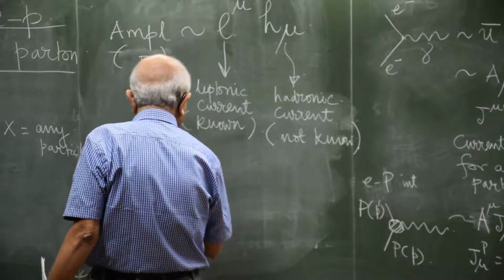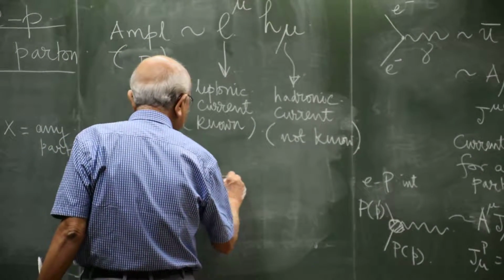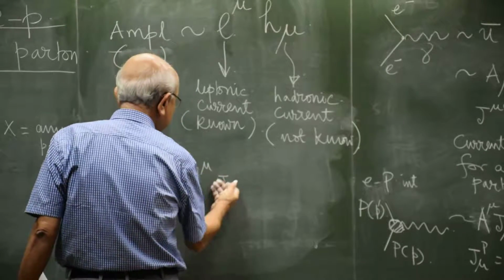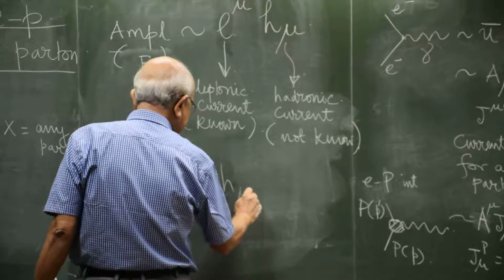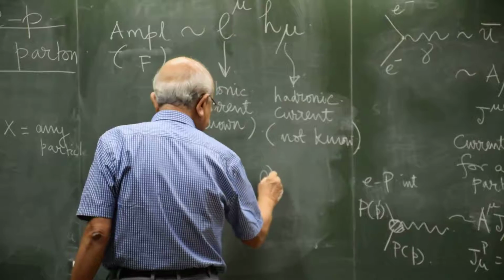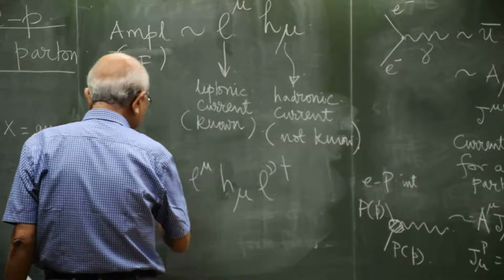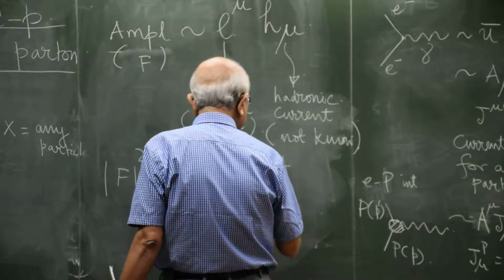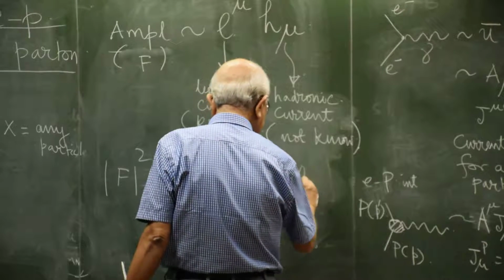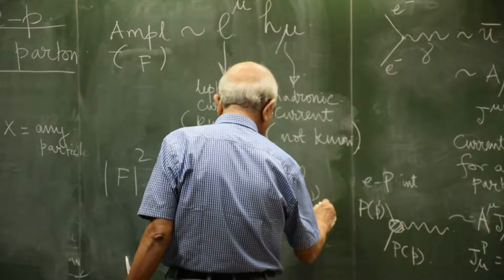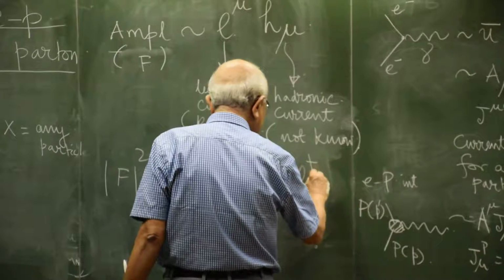And this will be obvious, this will be L mu H mu, and then mod square means L mu dagger, and then H nu dagger.